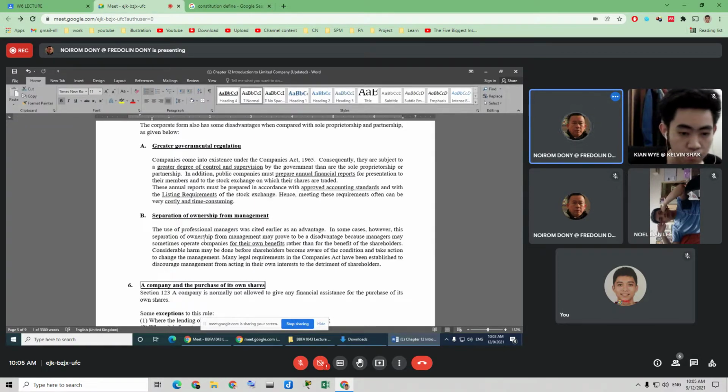So this is human weaknesses. Okay, so they operate company for their own benefit rather than for the benefit of the shareholders. So considerably harm may be done before shareholders become aware of the condition and take action to change the management.